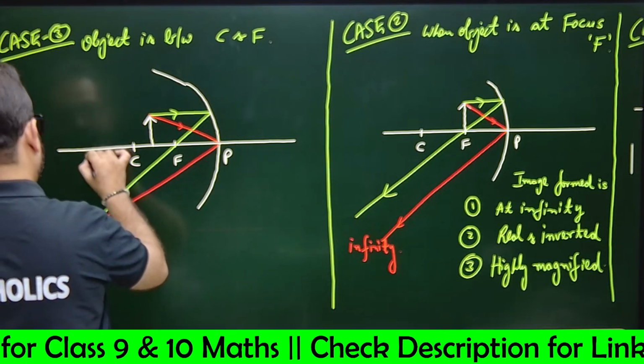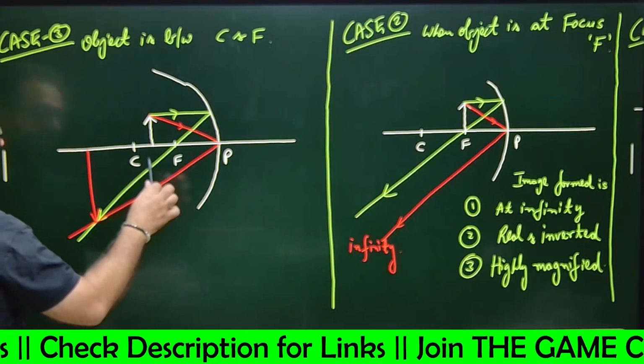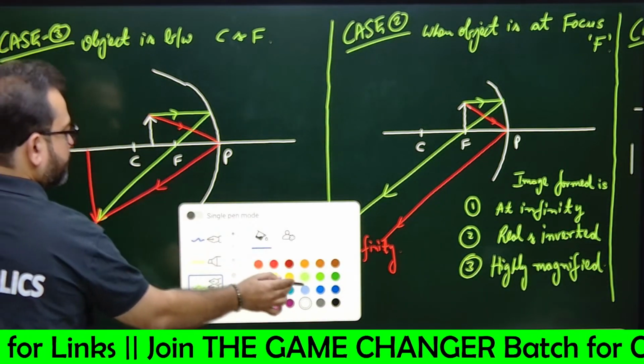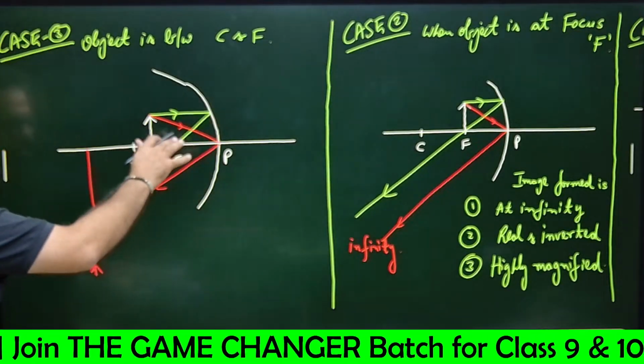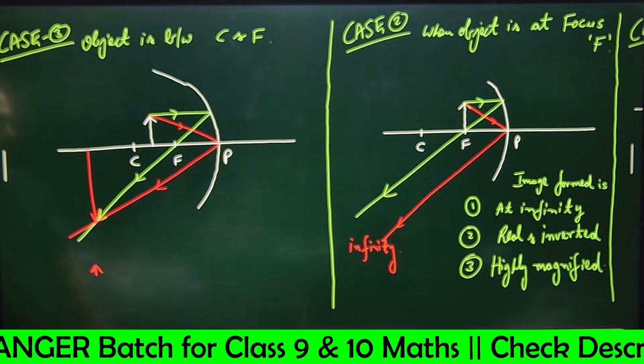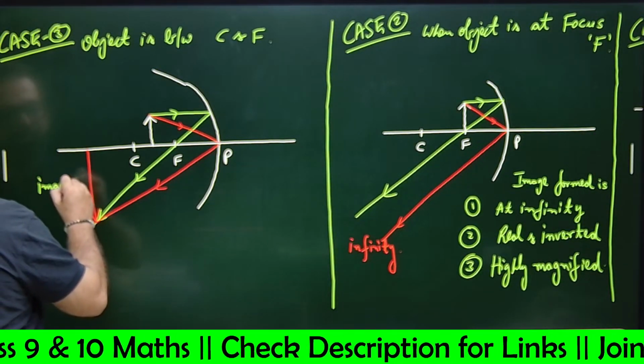See, this is the point where the image will be formed, because these two reflected rays are intersecting at this point. So this will be the point of intersection. This is the image I drew.